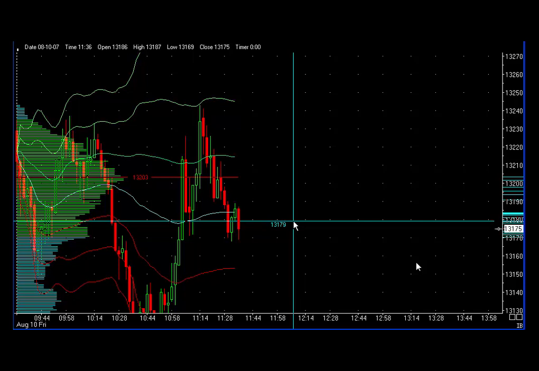You should be in a short trade here. You're looking for the market to head down to that first standard deviation below the volume weighted average price.